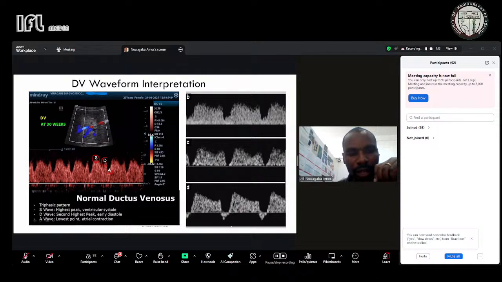So on the left is the normal waveform, continuous forward flow throughout the cardiac cycle.